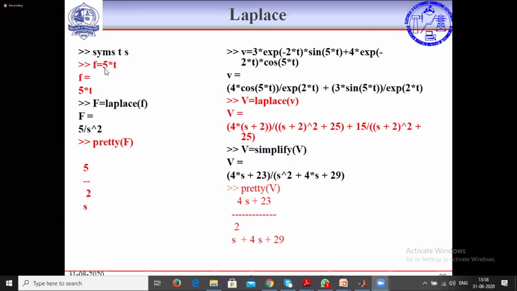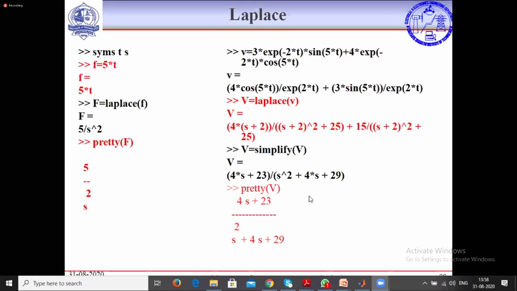Let f equal to pi t, then f equal to laplace of f. It is going to generate pi by s square. When you write the Laplace function in the s domain, it will display pi by s square.